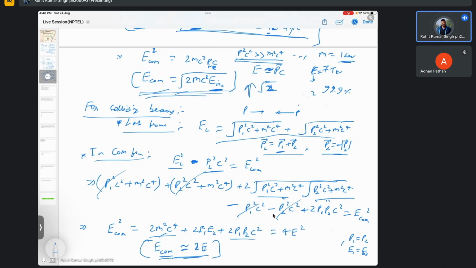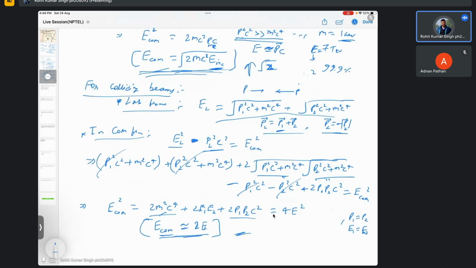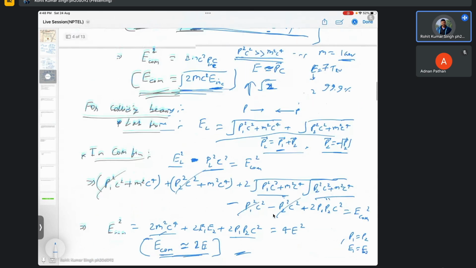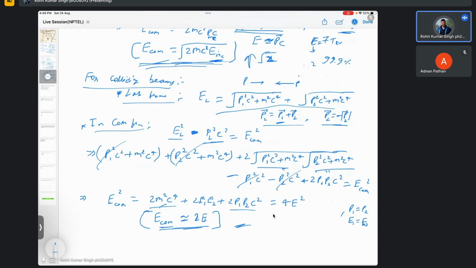So that's why it's hard to attain very high energy in fixed target experiments, while for colliding beams, it's straightforward. This is what I wanted to explain a little bit, because these derivations are very hard to find in any books, and I have not seen anyone doing it, but I tried to do it myself, and I worked it out.